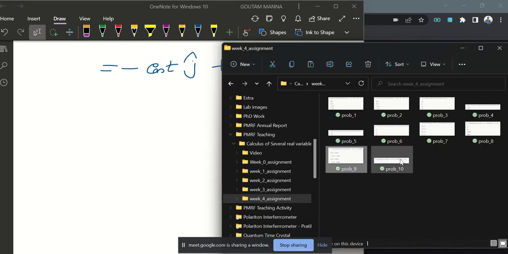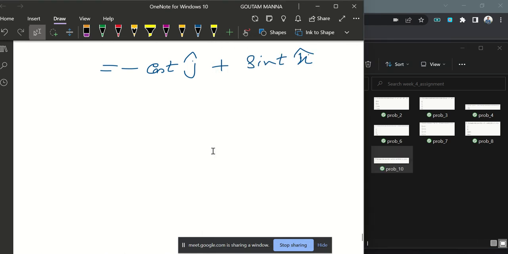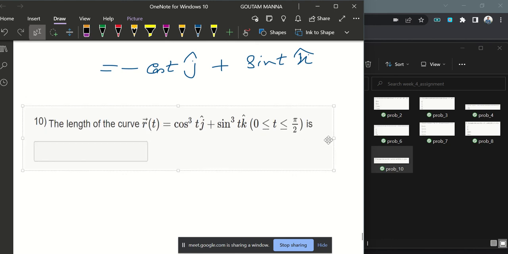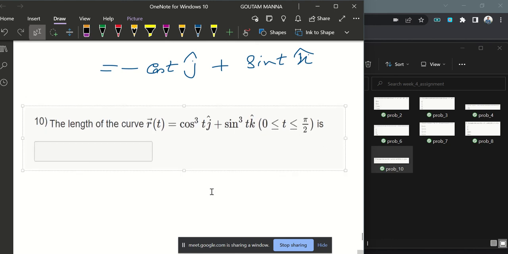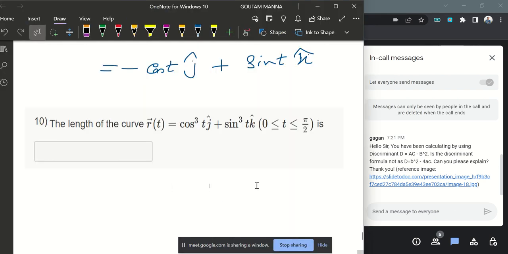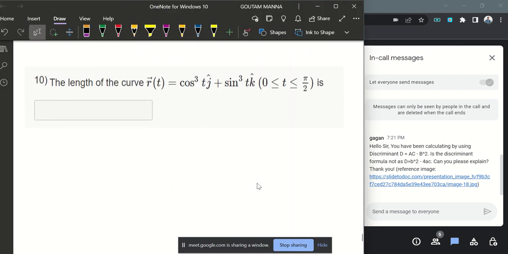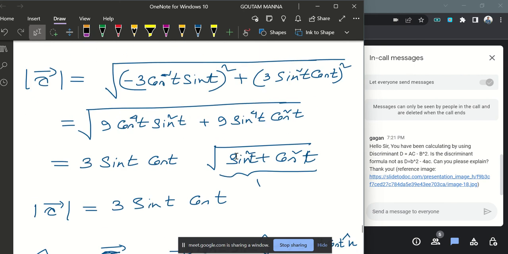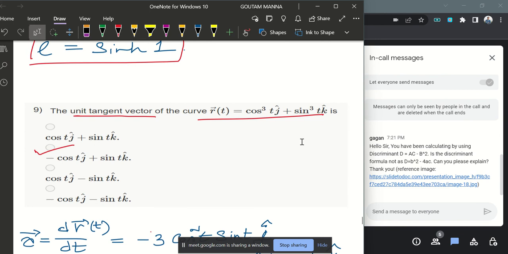And the last problem is similar to problem 8. You are basically asked to find the length of this curve, the arc length, which is the same curve as problem 9.